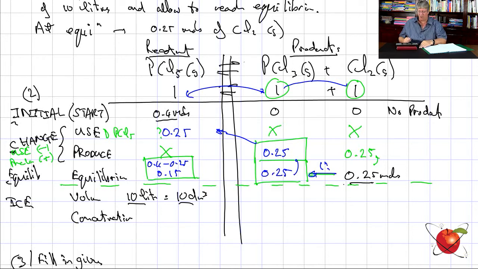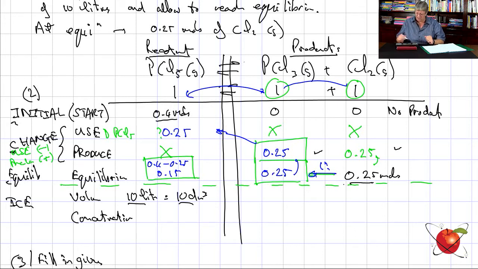I know I had no product at the beginning, and I can immediately say, what did I do? I produced product. Therefore, I need to fill in these two, and I can immediately cross out that I did not produce any reactant because it went in the forward direction. It could have gone backwards, but it went in the forward direction.